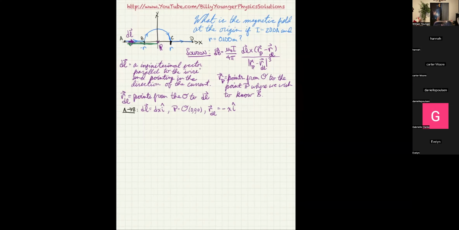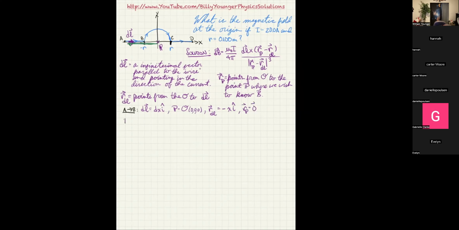And the most important thing we can look at now is RP minus R dl, which should be equal to, basically the RP vector is 0. I guess I should do that first, even though I already told you that. So RP is the vector from the origin to the point P, so it's literally the 0 vector.